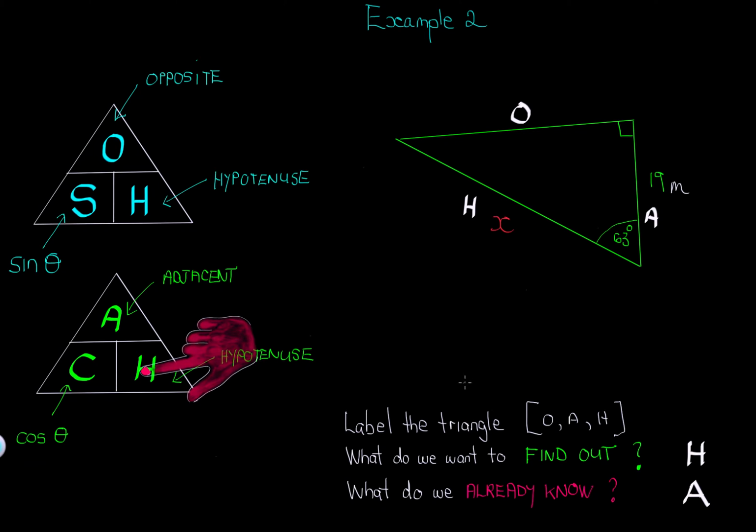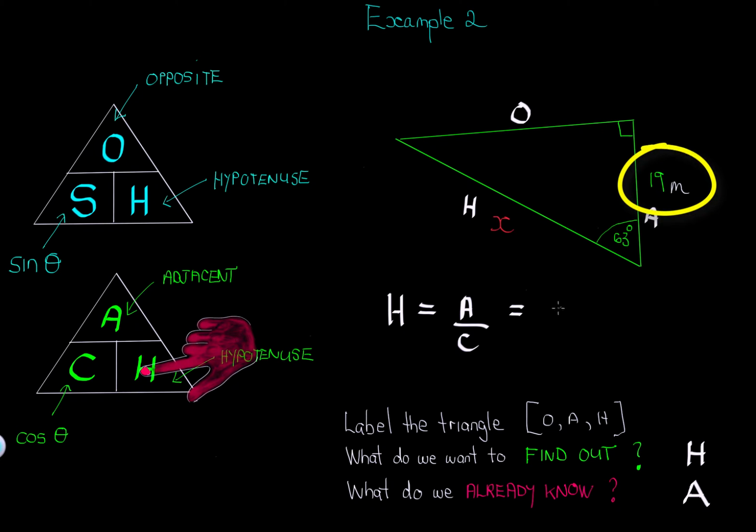So our equation is H, what we're covering up, H equals A over C, because the A is on top, the C is on the bottom, so it's going to be A over C. So it's the adjacent over the cos of the angle. Well, where's our adjacent?